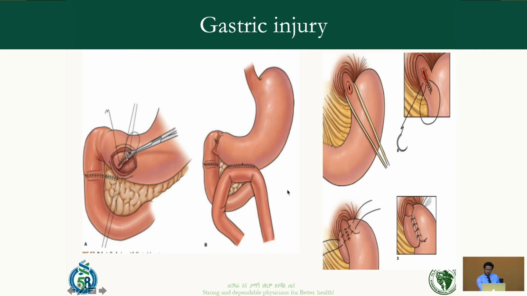This is management for the proximal stomach and gastroesophageal junction.